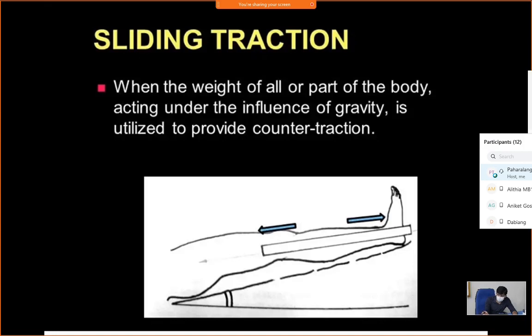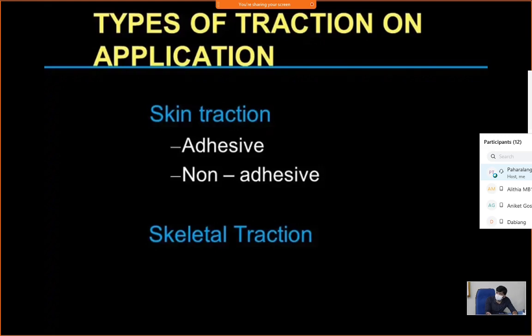That means due to gravity the body is going downward, and due to the weight we attached to the traction, it is pulling the limb. So there is traction and counter traction. This is sliding traction, and it increases the efficiency of the traction.